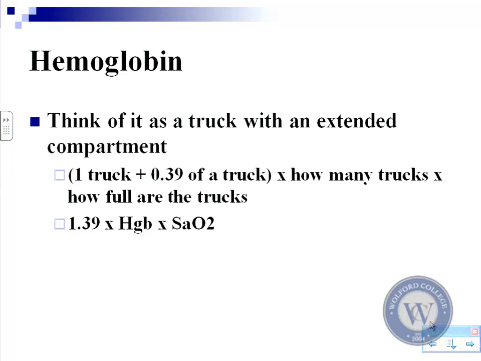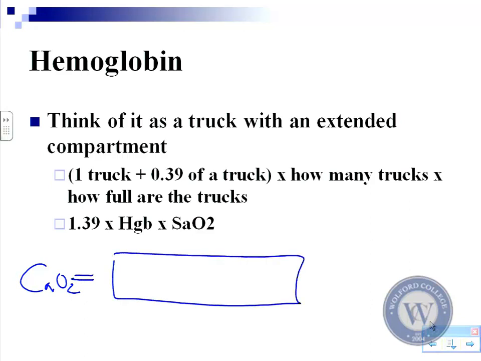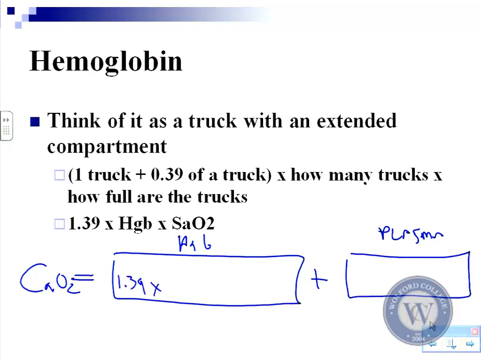One part is going to be the truck factory, and the other is what's in the plasma. The hemoglobin part is 1.39 times the hemoglobin times the saturation, plus 0.003 times the PaO2.